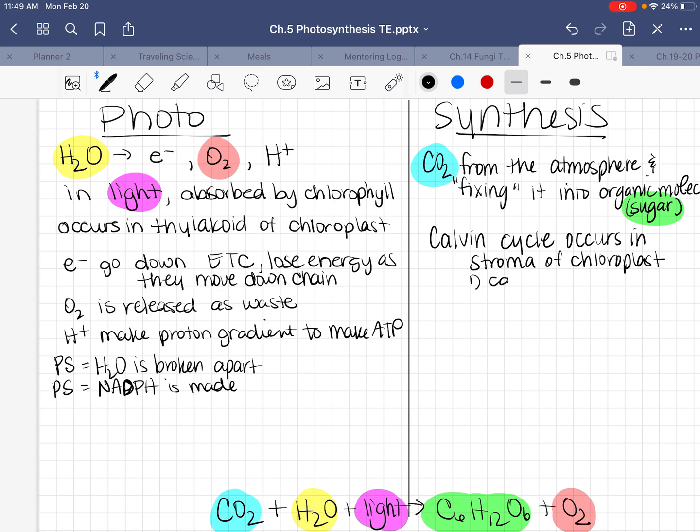Our first step is carbon fixation, which uses an enzyme called rubisco, which is the most abundant enzyme on Earth. Our second step is our sugar production. And then our third step is our regeneration. And we didn't talk much about that, and there's nothing on your test about regeneration, but so you see those 3 steps.